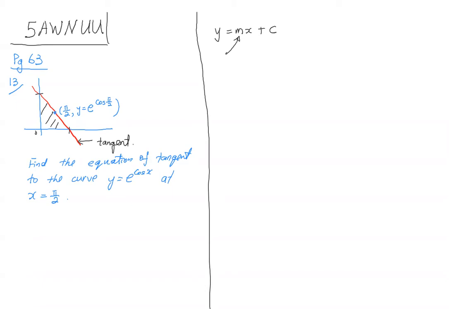Can someone tell me how to find the gradient? You differentiate e to the power of cosine pi over 2. Okay, why do I need to differentiate e to the power of cos x? Aiman, can you explain to me why must I find the derivative of this?